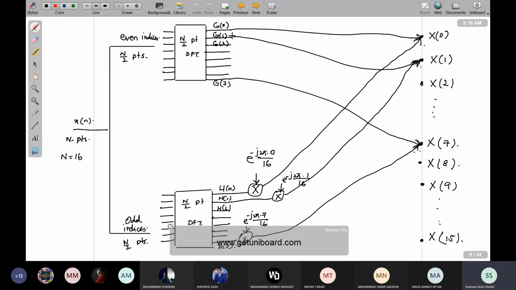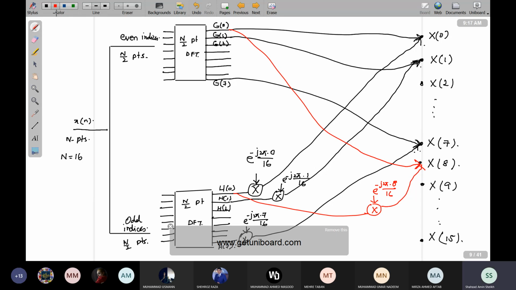To make x of 8, I will be taking g of 0 plus h of 0, but that is being multiplied with exponential minus j 2 pi into 8 divided by 16, and that is being added here. So that's the difference. Okay?